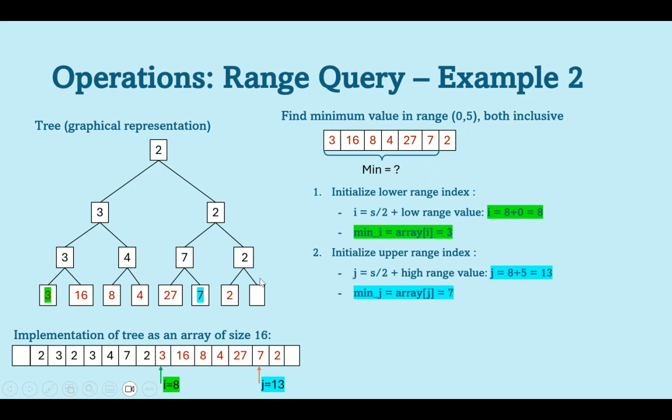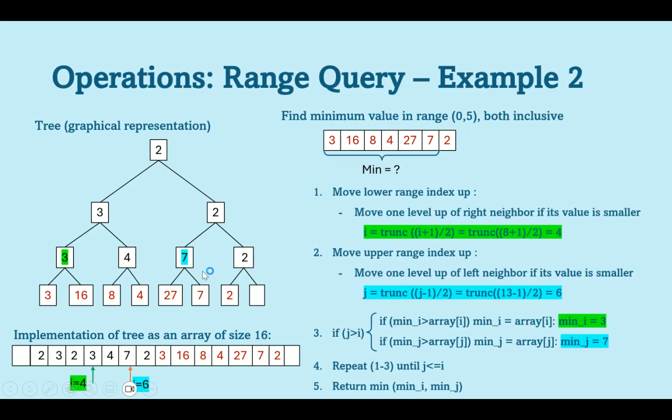We're then going to move up a level. So again, i is now pointing one level up to the right neighbor, and j is pointing one level up to the left neighbor. The values are still 3 and 7, so the minimum for now remains 3 and 7.